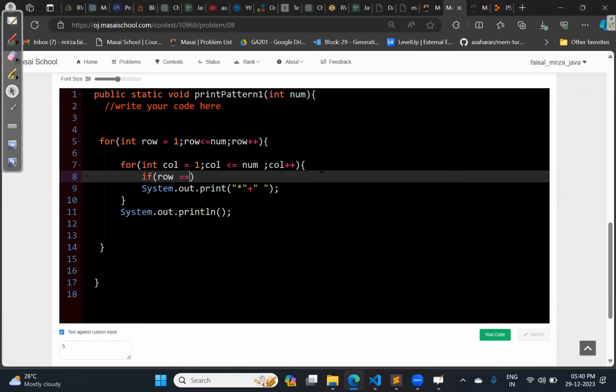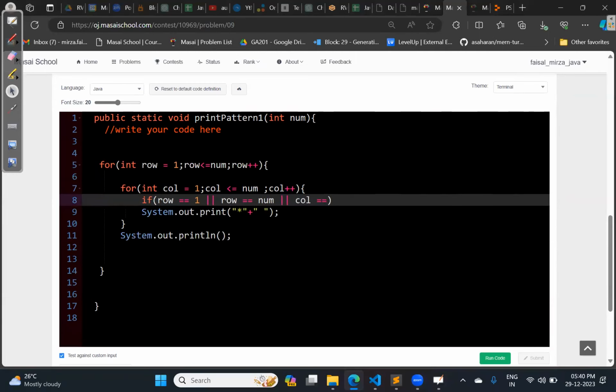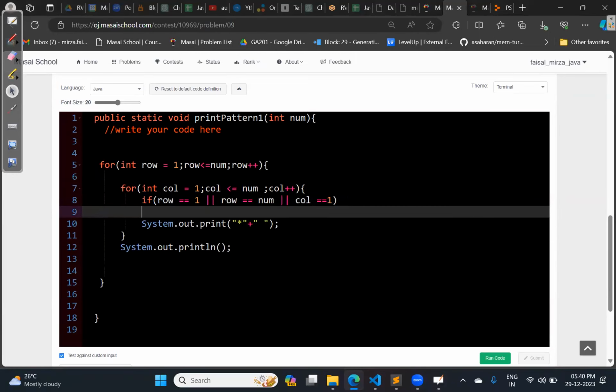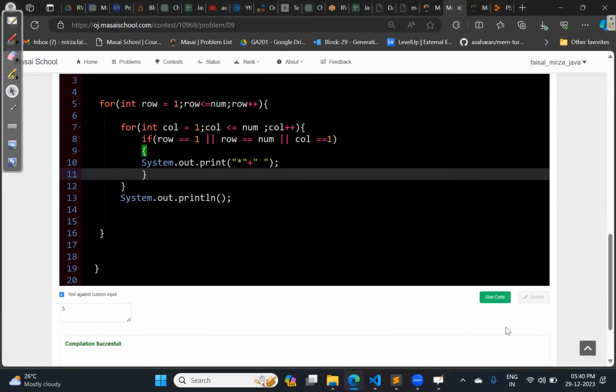If row equals first, or if row equals last, then tell me. If column equals first, then only print this. Otherwise, don't do anything.